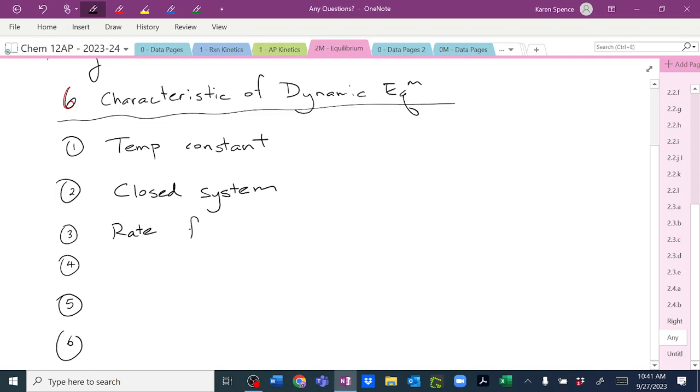The rate of the forward reaction equals the rate of the reverse or backward reaction. Both reactants and products are present. I mean, it seems obvious, right? I didn't catch the words in between reactants and products. Yeah. Okay, cool.